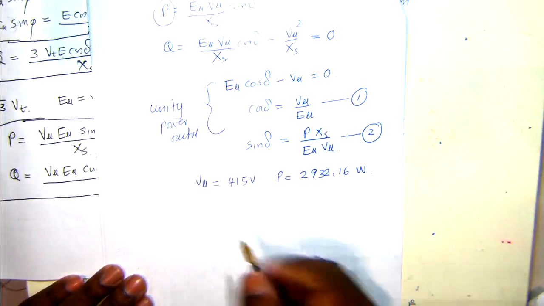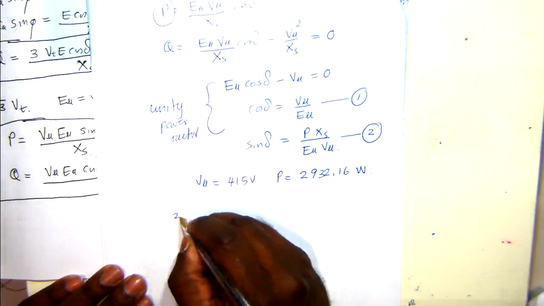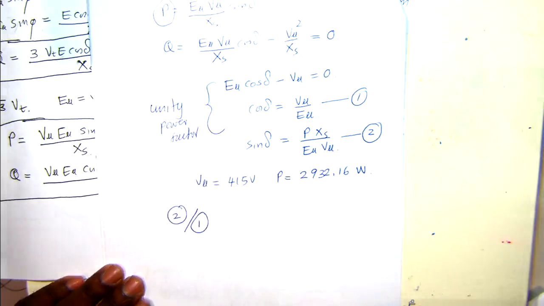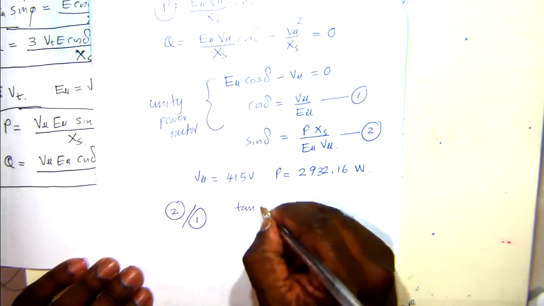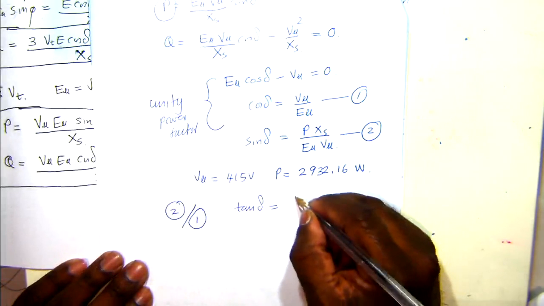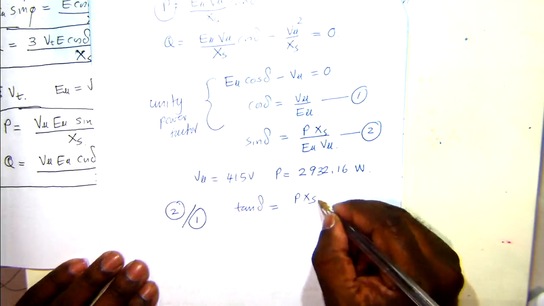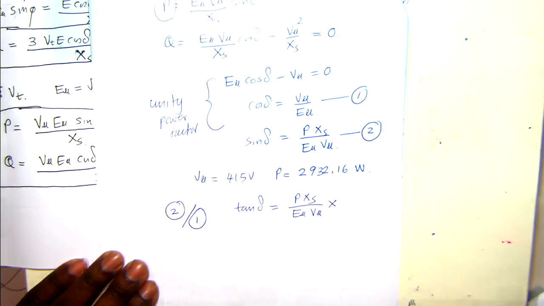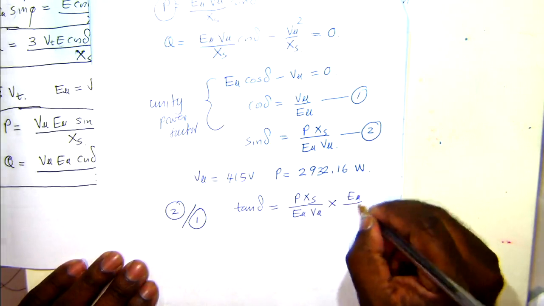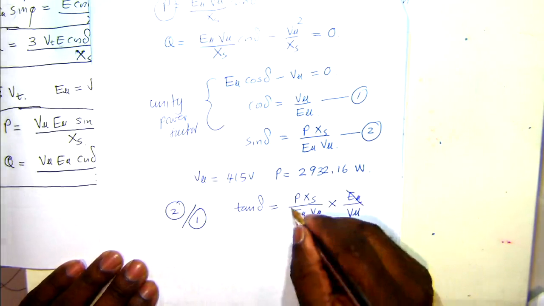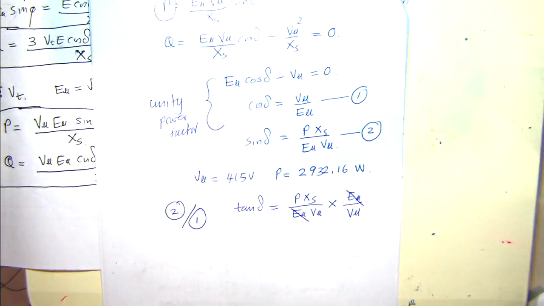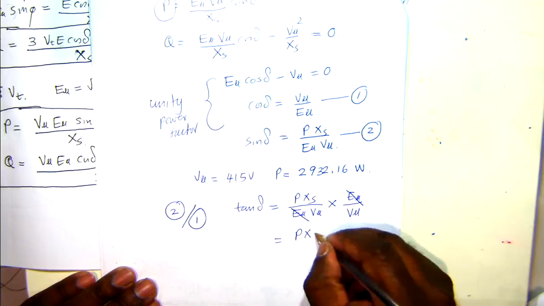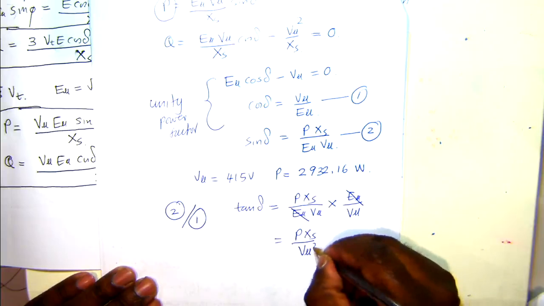So let's say if you divide 2 by 1, you'll have tan delta, that will be P XS divided by E line to line, V line to line, and then E line to line over V line to line. So the E line to line cancels off here, and then you'll have P XS divided by V line to line squared.